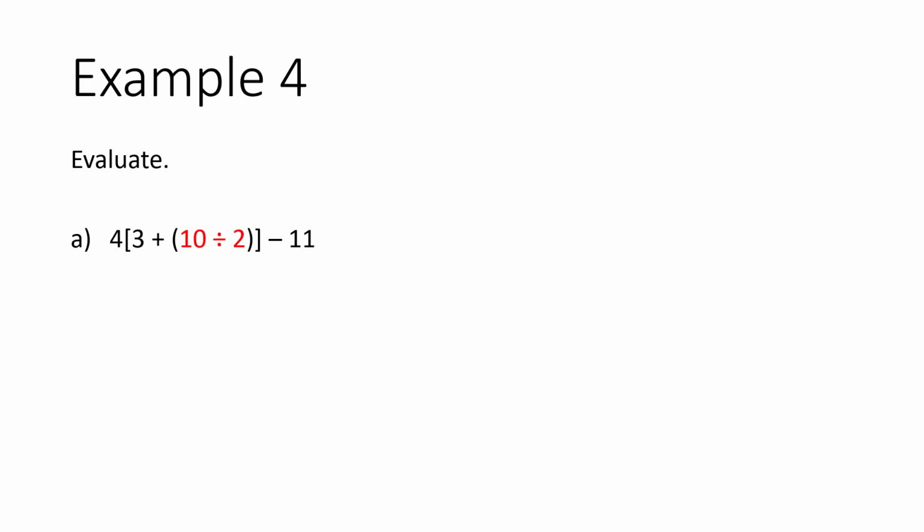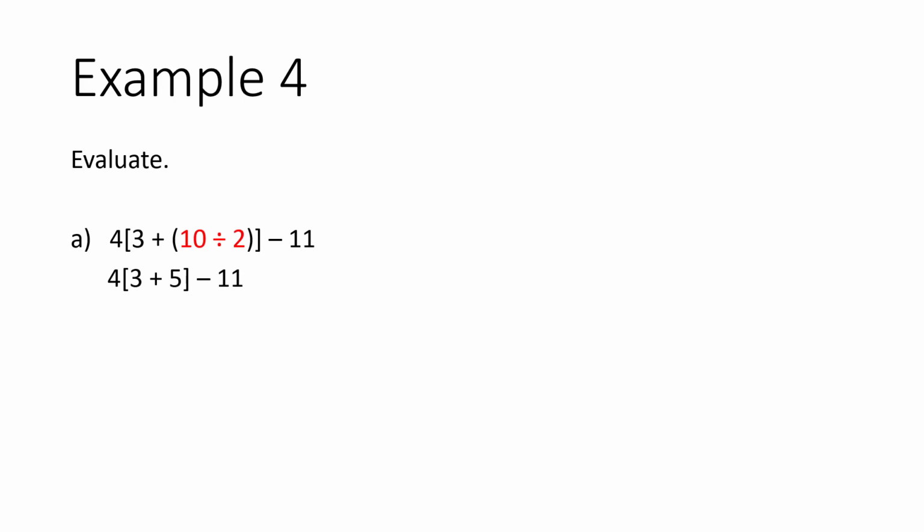Okay, here's another more complicated order of operations problem that we need to evaluate. In this one, we have two grouping symbols, one inside another. When we have this, we should always start with the innermost grouping symbol first. So we'll do the 10 divided by 2 first.